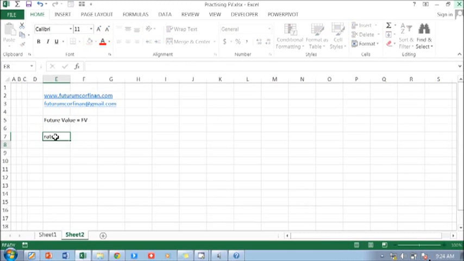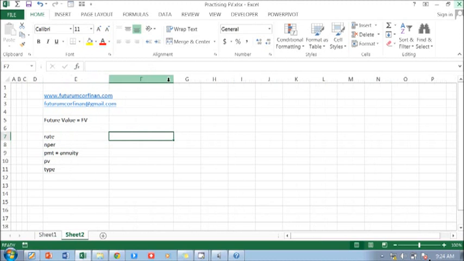So we have a rate, we have NPER, we have PMT, which is similar to the annuity. I think you have to go back and look at your corporate finance textbook, and then you have your PV, and then type.